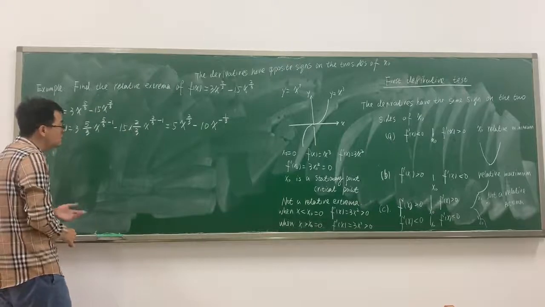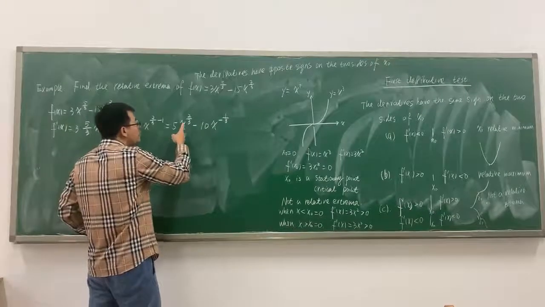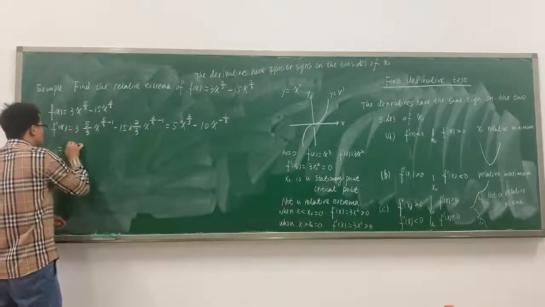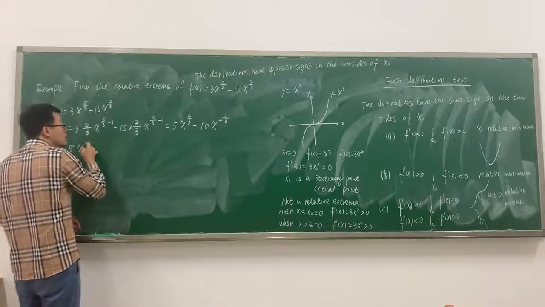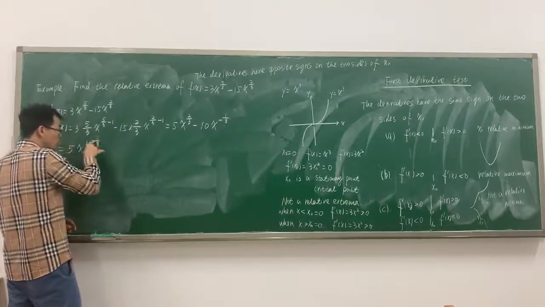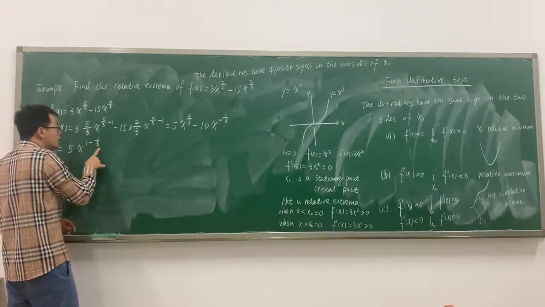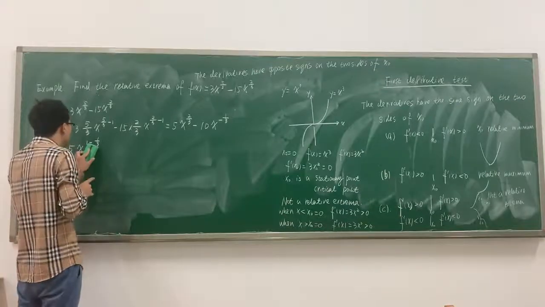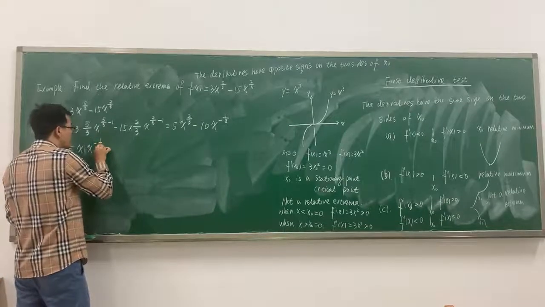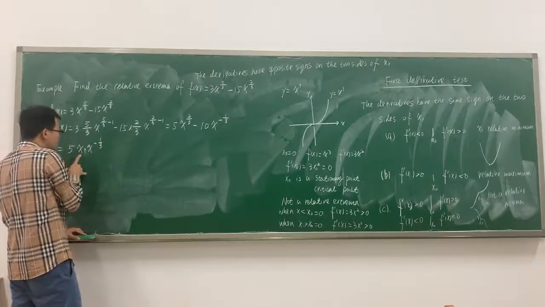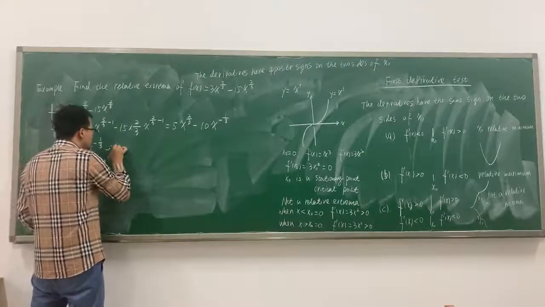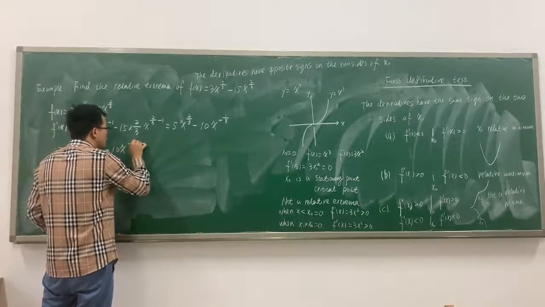In the derivative, we can take out x to the power 2/3 and rewrite it in this form: x times x to the power minus 1/3. So we have 5 times x to the power minus 1/3 minus 10 times x to the power minus 1/3.